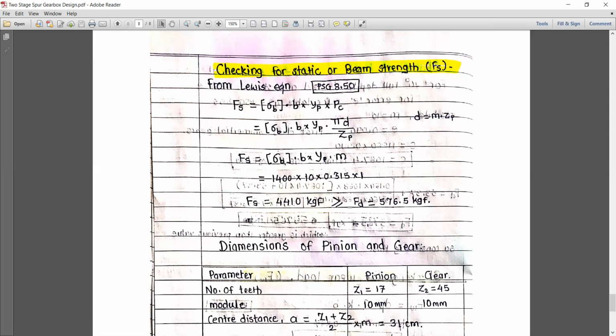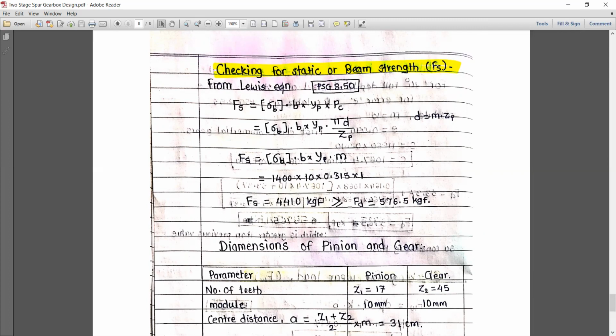Now using Lewis equation in PSG page number 8.50, Fs is equal to sigma b into p into yp into pc. Okay, I have modified the equation which we have already discussed. Fs is equal to sigma b into b into yp into m.